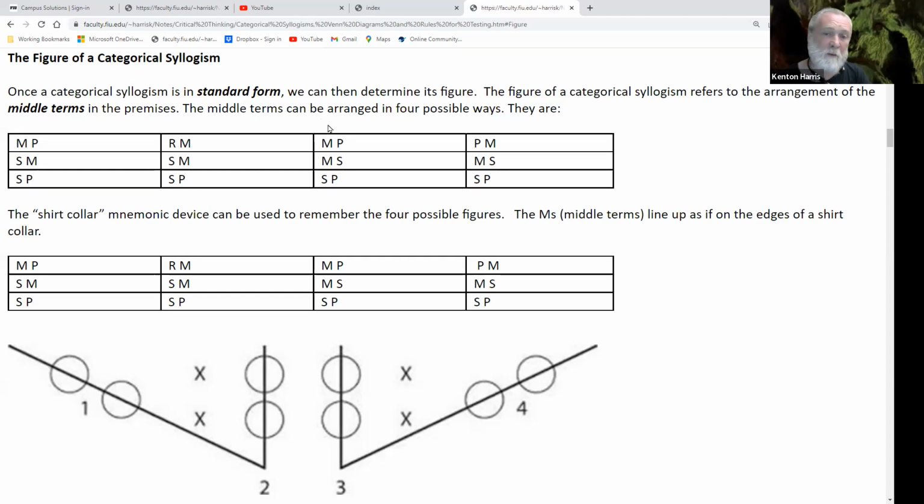On the other hand, if the minor terms are both the subject of the premises, then we call that third figure. And if they're on a slant that goes from upper right to lower left, then that's considered fourth figure. So depending on how the minor terms stack up, they are either first, second, third, or fourth figure.